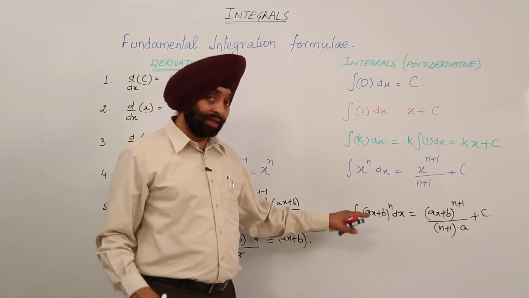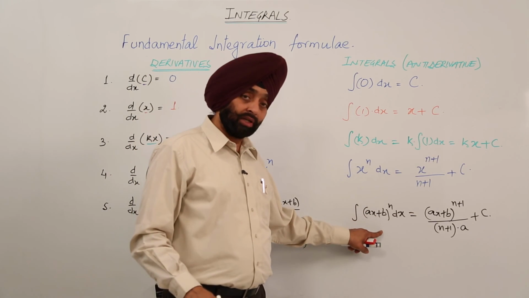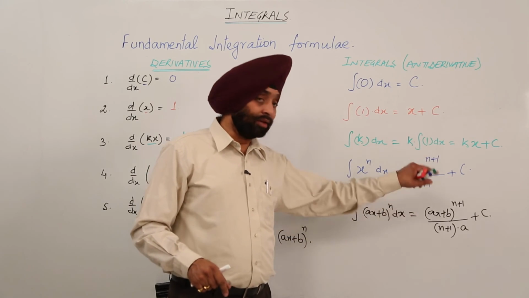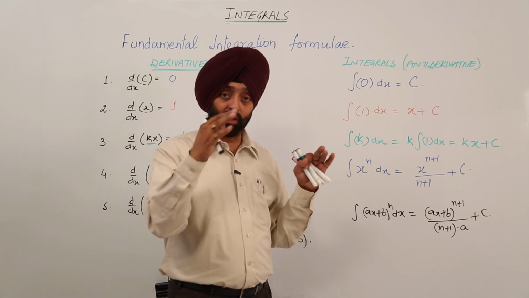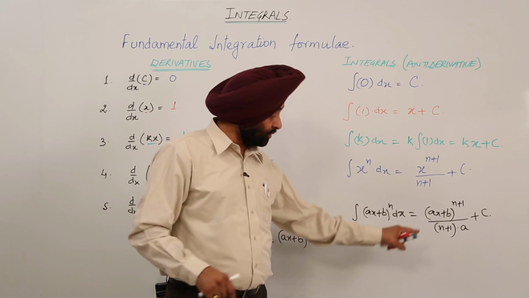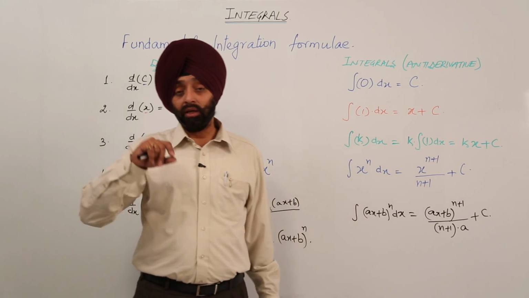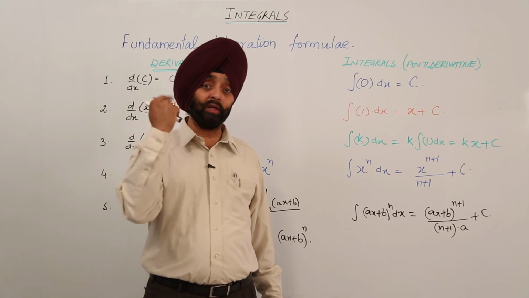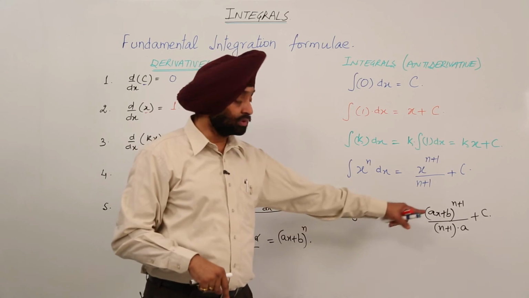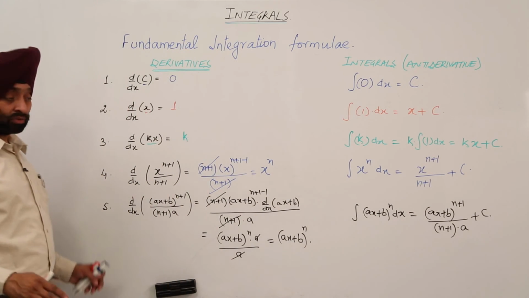So ax plus b raised to power n dx equals power increased by 1, n plus 1, and that whole result is divided by the quotient n plus 1 and the derivative of ax plus b. In differentiation we multiply with the quotient; here we divide by it. So this will be the result. Simple things.